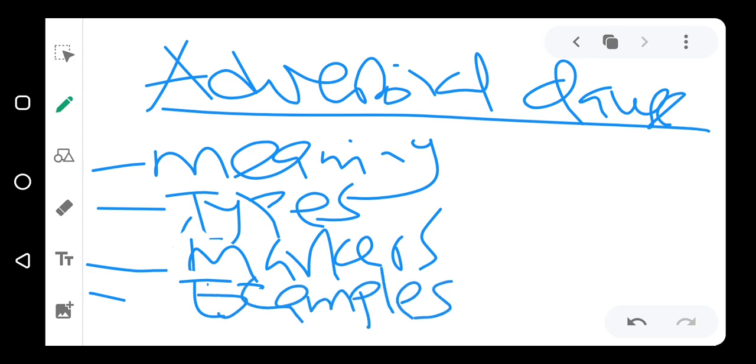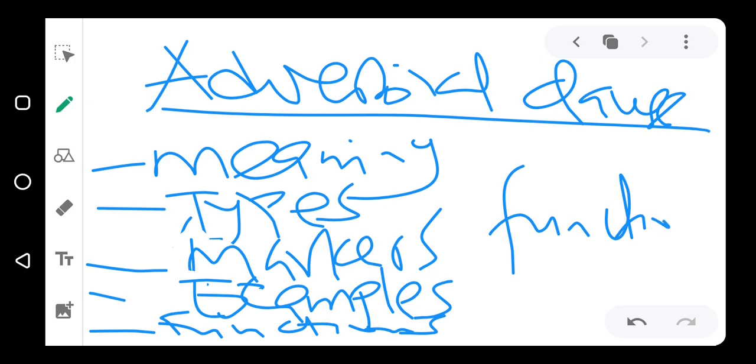And lastly, we look at the functions of adverbial clause. So we start with the meaning of adverbial clause.